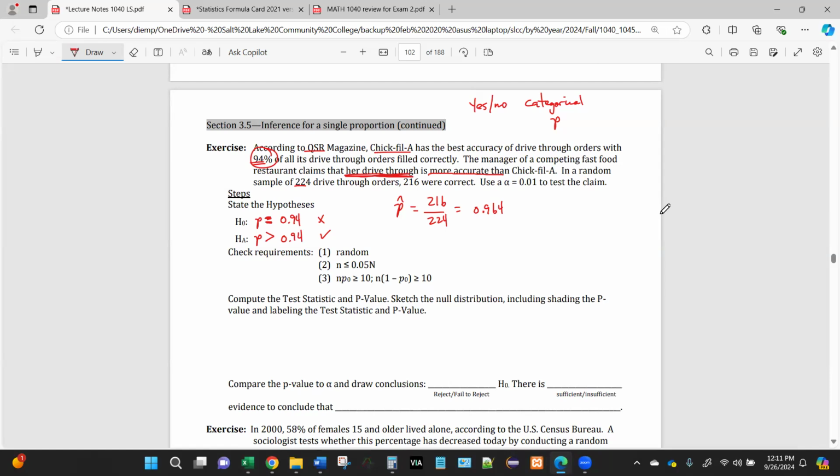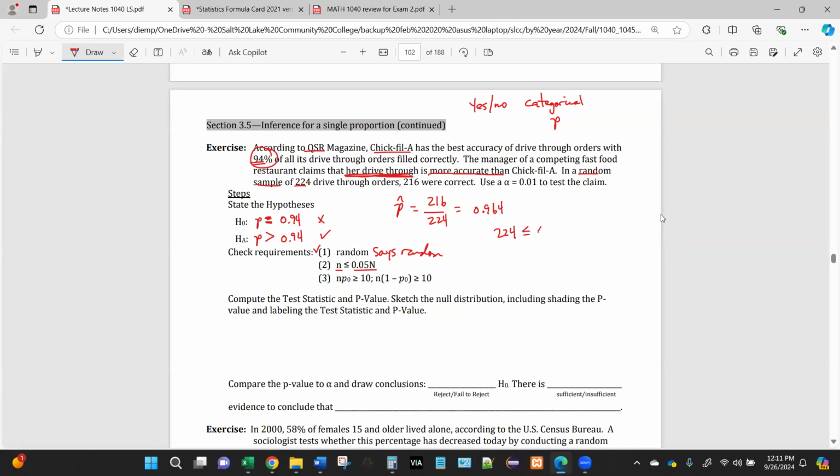So before we can use the normal distribution, we have to check that the conditions have been met. Okay, so it says it's random. Right, she has a random sample. So that's good. Then we have to make sure that the sample size is less than 5% of the population. So the sample size is 224.